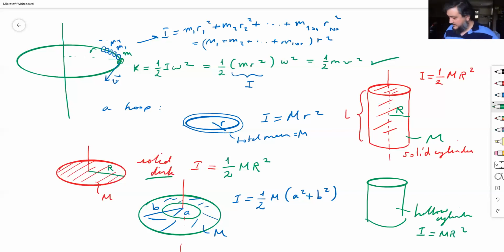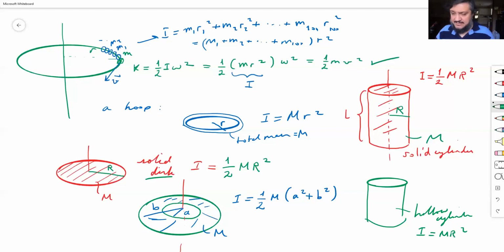You can take a paper and do this. If you rotate it about the center in the middle, the moment of inertia is just MR squared. So that's for a cylinder.